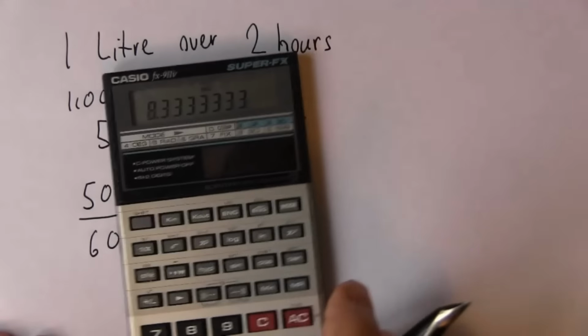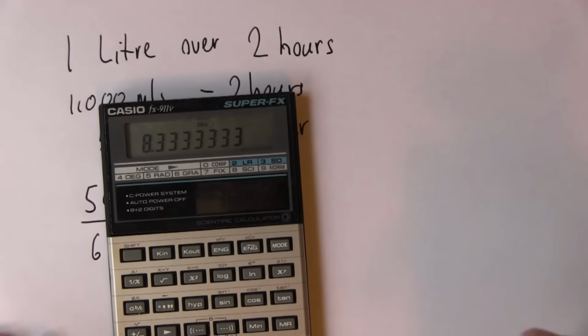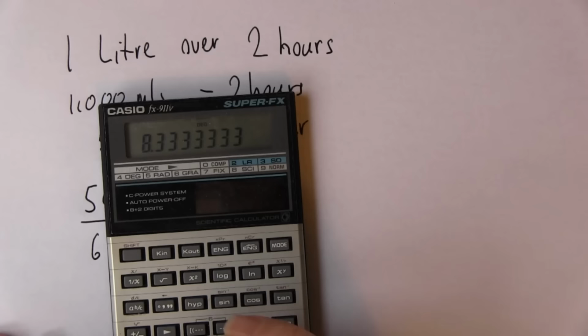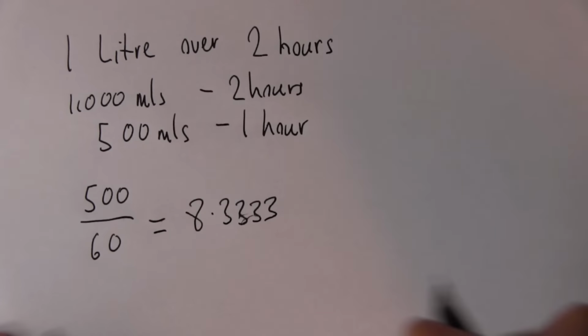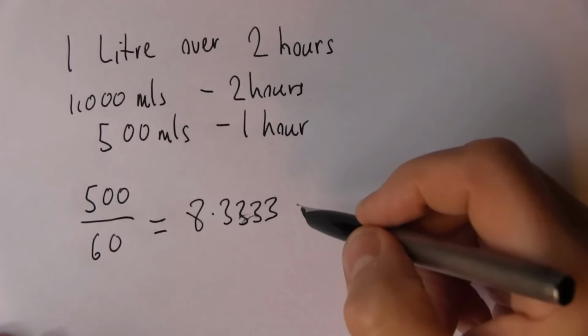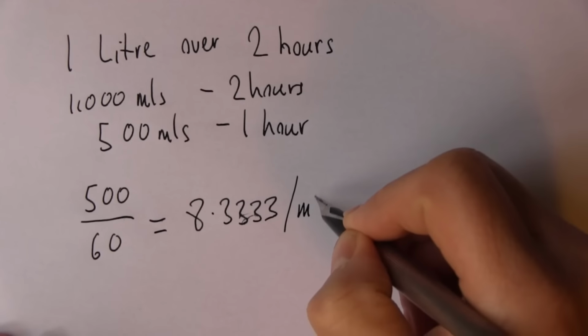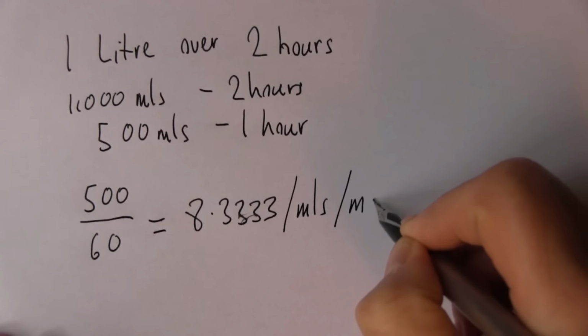Now don't worry about these recurring numbers, just leave them in your calculator, it will take care of it all. So there we notice that that's mils per minute.